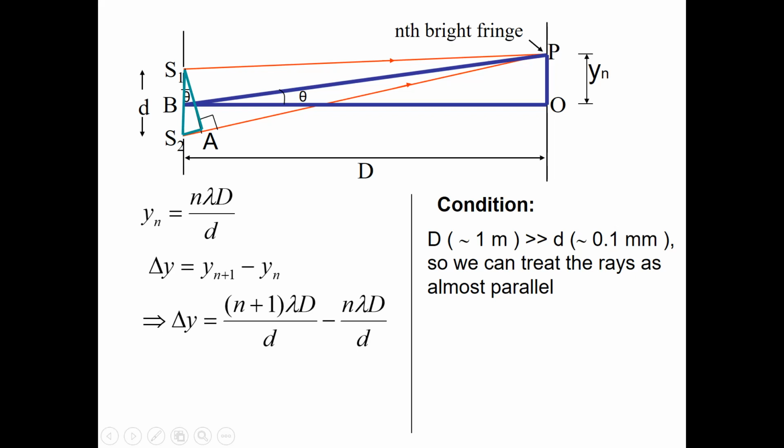For yn plus 1, I sub in n plus 1. Yn is the same formula, but with n. So simplifying, I'll have lambda big D over small d. You see that this equation will be the same if I use this Yn equation and sub in n equals 1. So delta y will be just 1 lambda D over d.